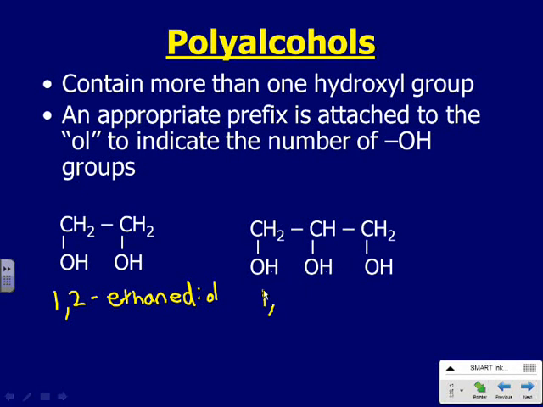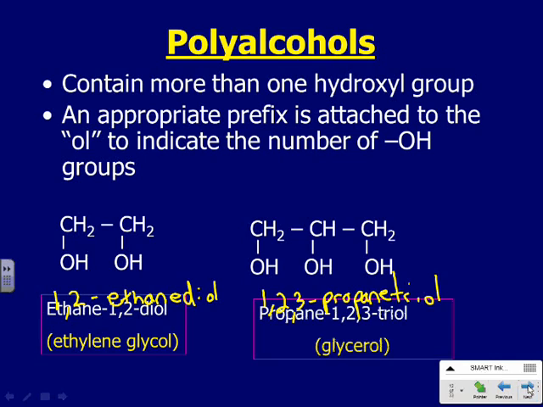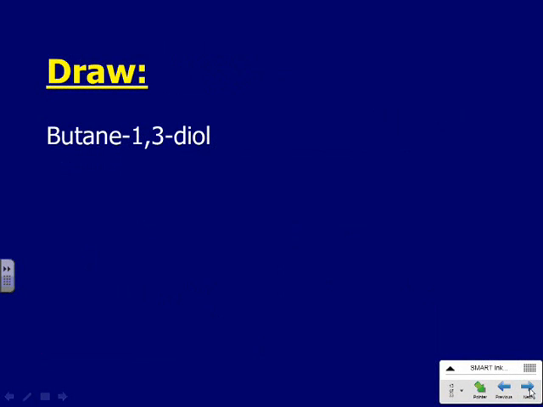And this one here is 1,2,3-propanetriol. All right? Okay, so we can have multiple OHs on the same molecule. And we won't worry about those. We've got the names.